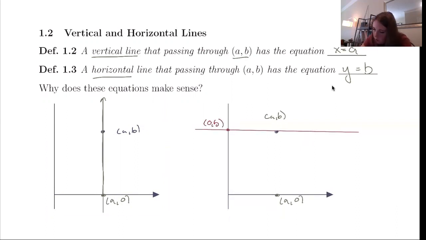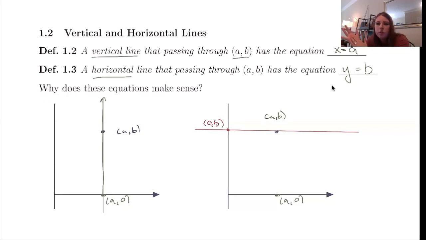Alrighty, so why do these equations make sense? We're using the word equation really carefully here, not the word function, because we're only given one variable, x or y. a and b are obviously constant numbers.